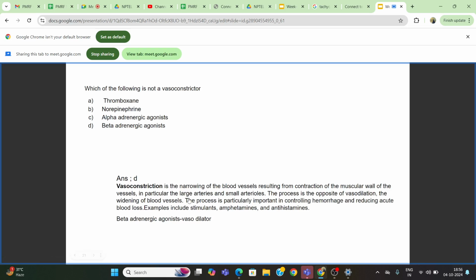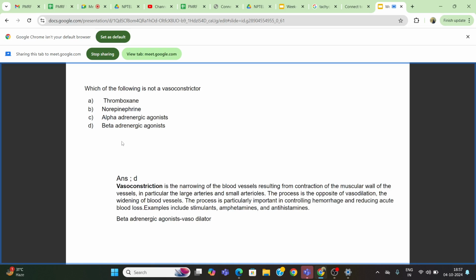So the vasodilators in this case: beta adrenergic agonist is a vasodilator. All the other three are vasoconstrictors, which means if you are giving thromboxane, norepinephrine, or alpha adrenergic agonist, these will constrict the blood vessel.